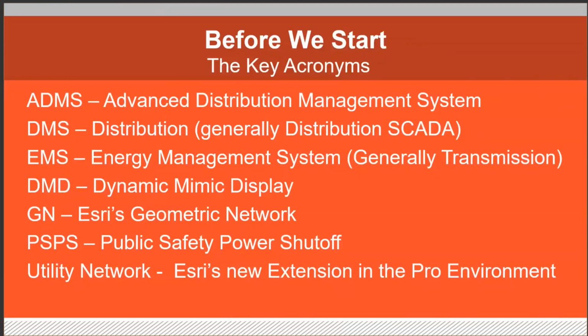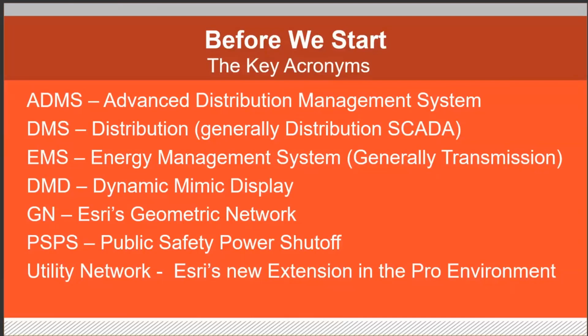On the other end, we have EMS, which generally is the transmission systems, energy management system. Then you might hear me say DMD, or dynamic mimic display. That's the display that the operators use, similarly to a GIS, but it's more integrated with their SCADA. And then GN, Esri's geometric network.